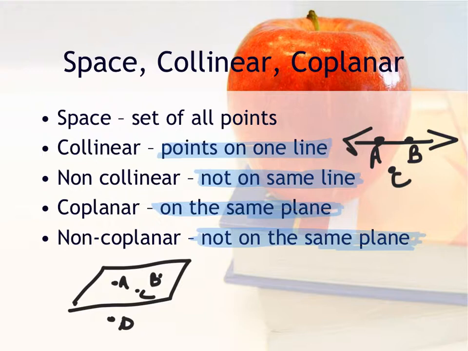So for example, it could be on top of it. Say I had a horizontal plane, think of my iPad here, and I could have a point up above it, and it's not in the same plane. This plane goes forever this way, and then the point could be on top, and that would be non-coplanar, not in the same plane. Any questions on these vocab words?